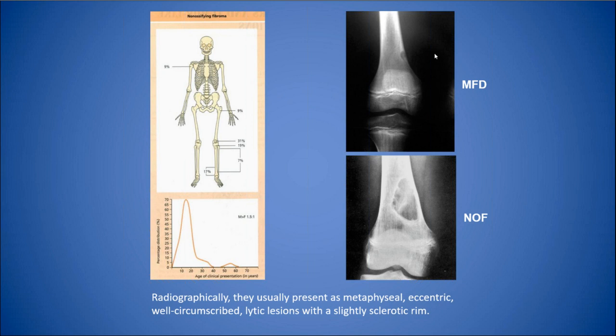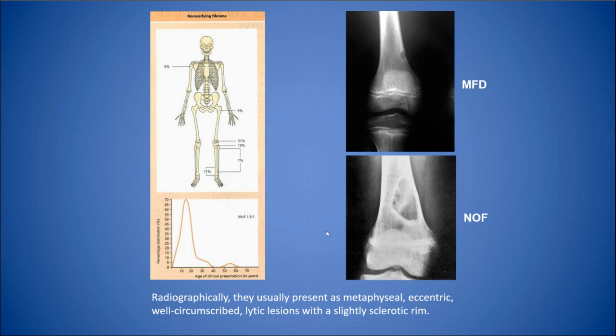They usually present, in the case of metaphyseal fibrous defect, as an intracortical lucency in the area of a tendinous insertion, or as an intramedullary cortical-based eccentric lesion with scalloped margins and perilesional sclerosis. This is so characteristic of non-ossifying fibroma that you really don't need a biopsy to confirm the diagnosis.